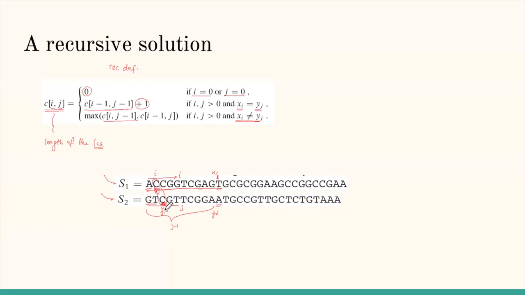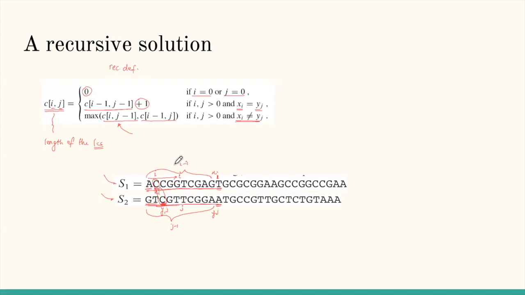And whatever the longest common subsequence between these two is, we put it over here. That becomes our first choice. And the second choice is the longest common subsequence between my entire sequence up to j and this one up to i minus 1.